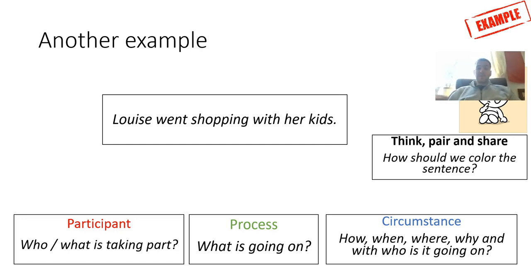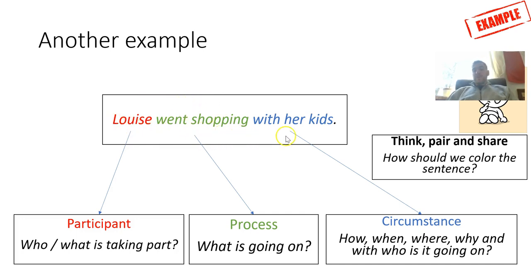First thing we're going to look at is the participant. Who or what is taking part? In this sentence, Louise is the one taking part. Then we can look at the process. What is going on? Went shopping is the thing that Louise is doing. Louise went shopping.